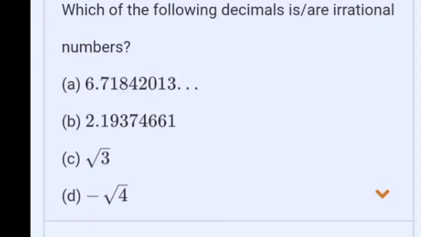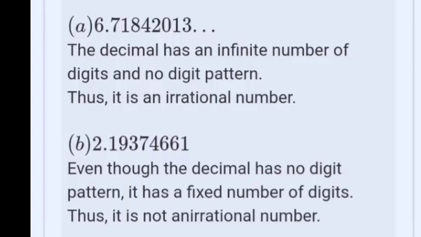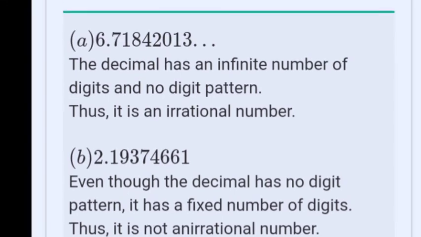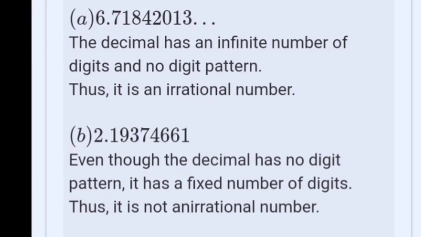So which of the following decimals is or are rational numbers? Is it letter A, B, C, or D? When we say A, that is 6.71842013 to infinity. The decimal has an infinite number of digits and no digit pattern. Thus, it is an irrational number. Letter B, 2.193746661.